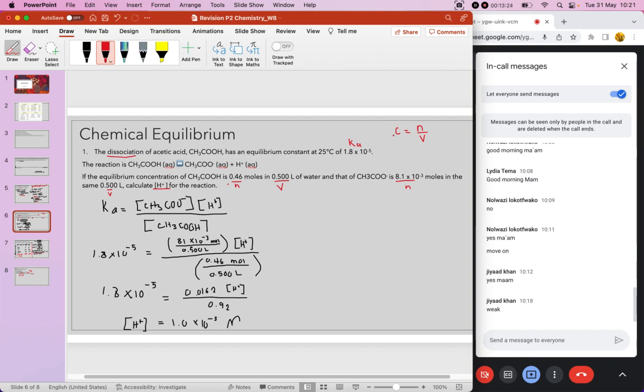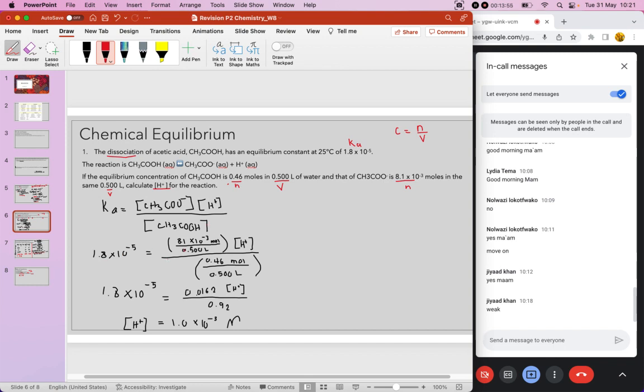The first step is to write your equilibrium constant expression. Remember, your equilibrium constant is equal to the concentration of the product divided by the concentration of the reactant. In this case, our expression is going to be in this way. The next step is to substitute what we have been given.